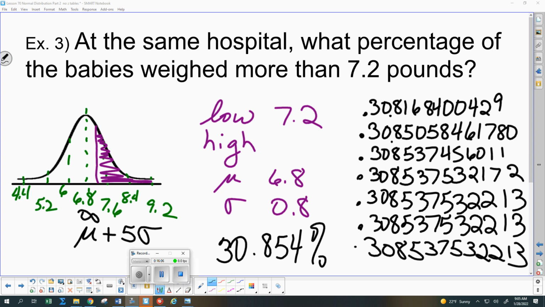The standard deviation on this one was 0.8. So 5 times 0.8 is 4. So we would have taken the 6.8 plus 4. So if we had gone to 10.8 or higher, we should have gotten what we wanted for the correct rounding.